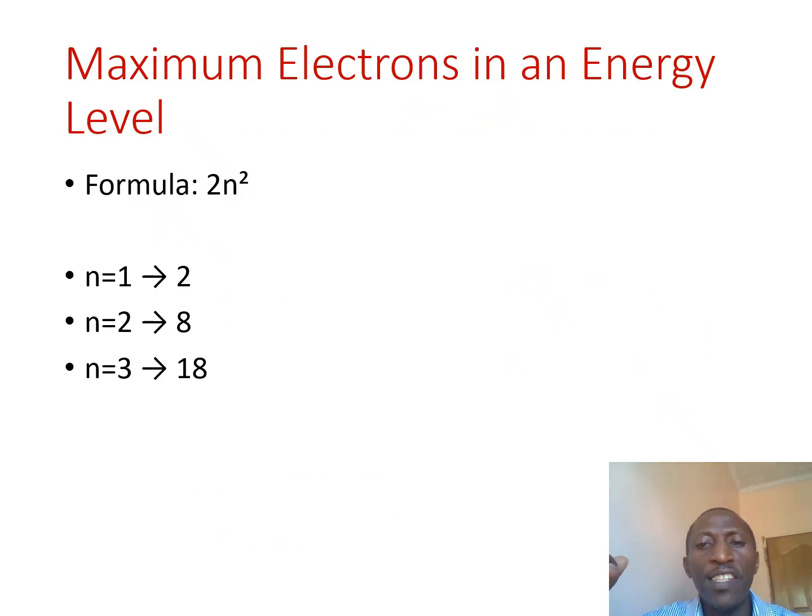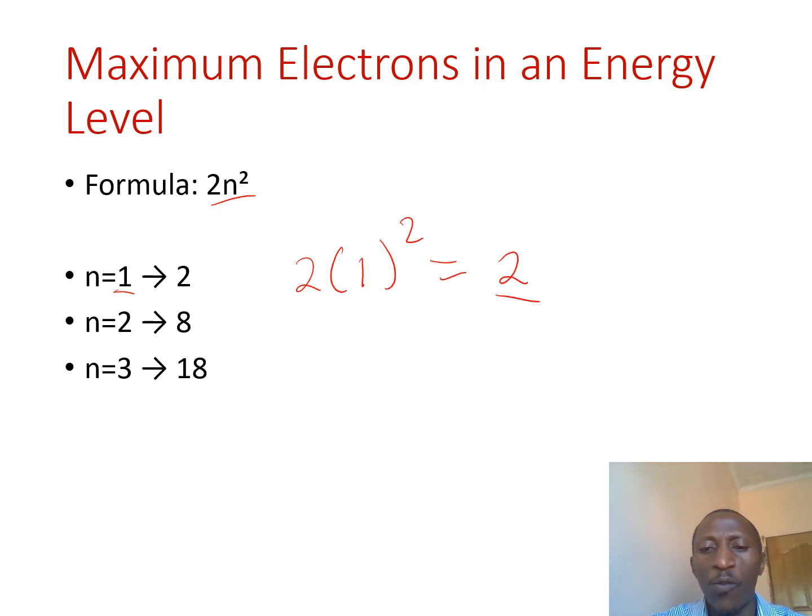In every energy level, we have a maximum number of electrons that can be in that energy level. Take, for example, the first energy level, which we denote as n equals 1. We use the formula 2n squared to calculate the maximum number of electrons in a given energy level. When n is equal to 1, we have 2 into 1 squared, which is a maximum of 2 electrons.